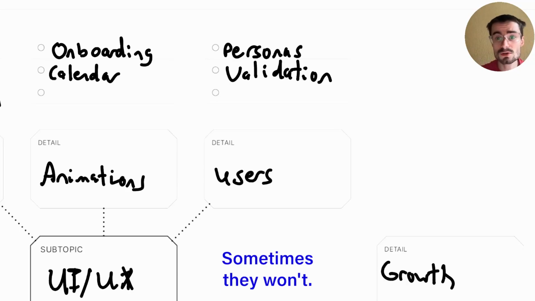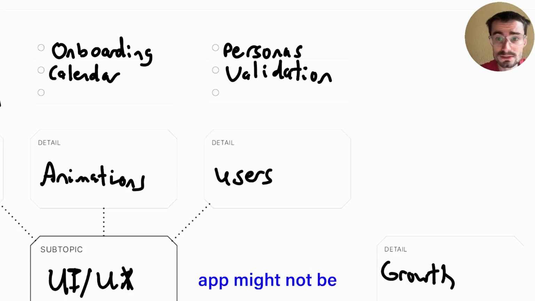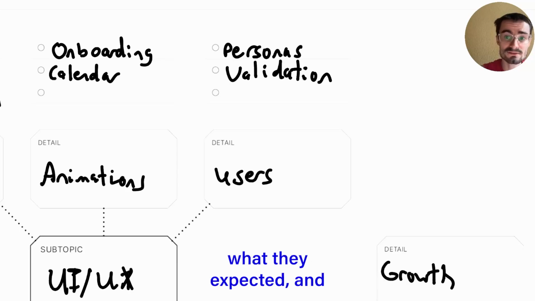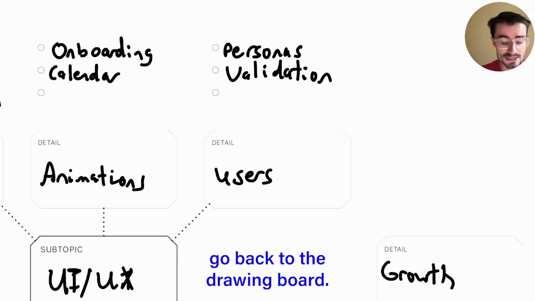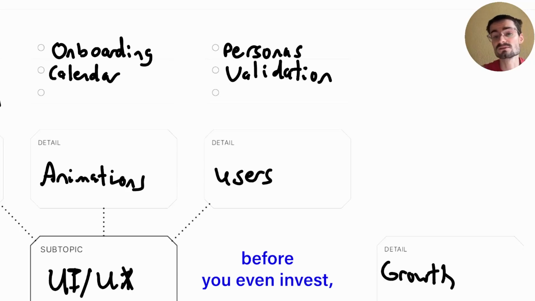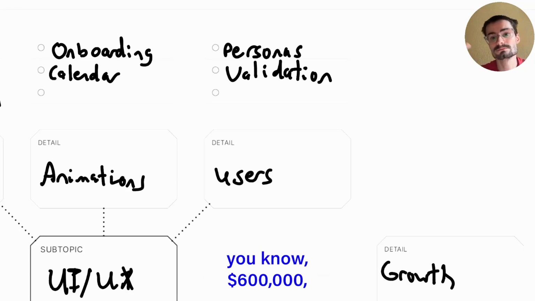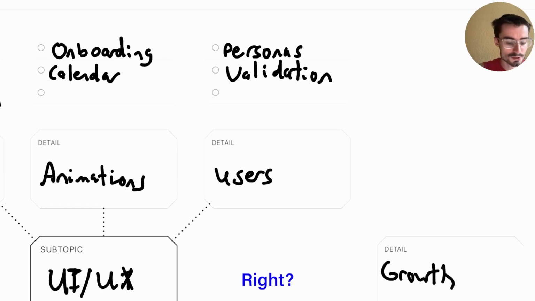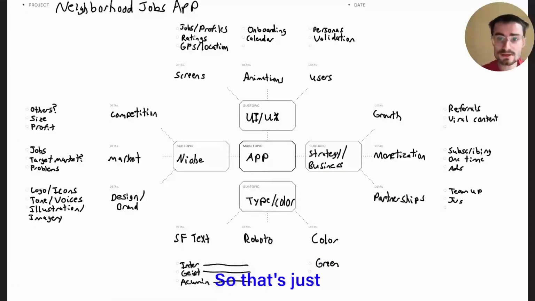Sometimes they won't. Sometimes your app might not be what they expected, and it might flop, and you have to go back to the drawing board. That's where the validation comes in. And that's why you need to validate before you even invest $600,000, for example, into this app, right? So that's just a little bit of how the mind maps work.